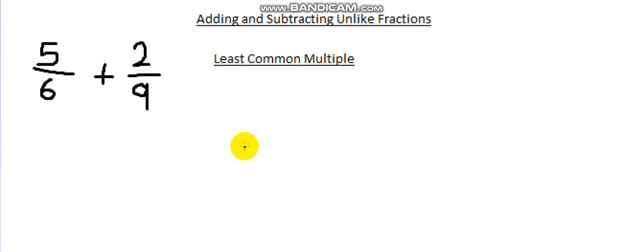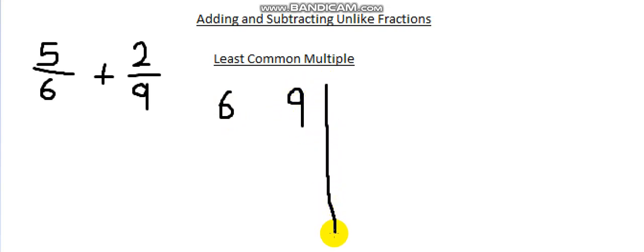How do we find that? In case I don't give it to you in a problem and you need to find that on your own, what we do is we write 6 and 9 like this, and then we put a line next to them, almost like we're doing division. And I try to divide them with the smallest possible number I can, except for 1 because that wouldn't do anything.